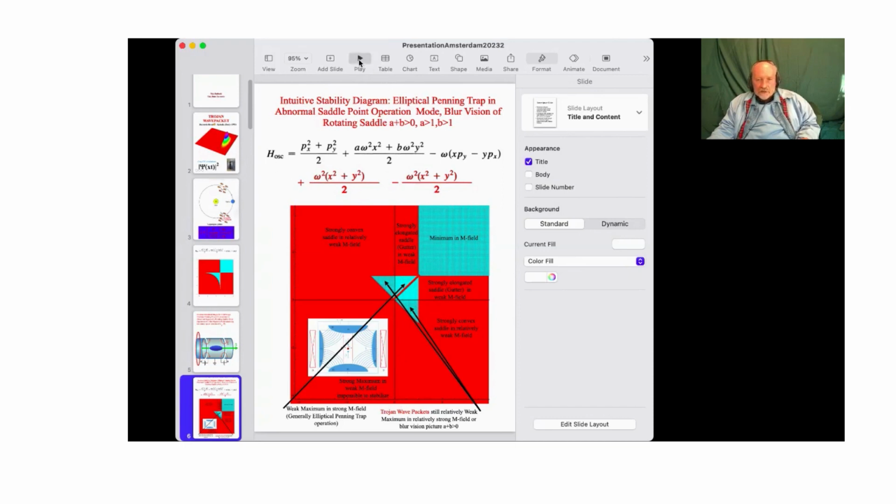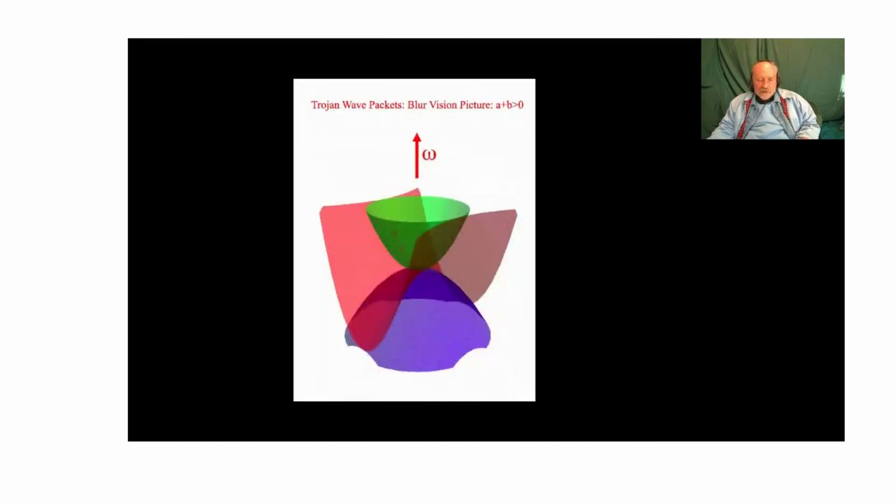Okay, so now let me go further. You can also look at this as a stroboscopic picture, a blurred vision stroboscopic picture, in which the saddle point is rotating, and the planes x equals 0 and y equals 0 are drawing one-dimensional curves, simply parabolas, and these parabolas are rotating, and they are drawing two paraboloids.